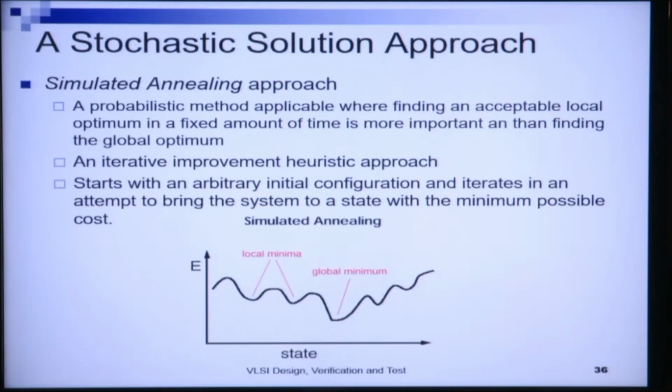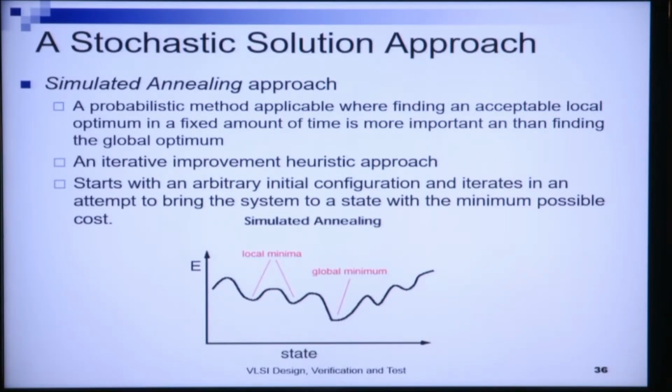Now simulated annealing is a probabilistic method applicable where finding an acceptable local optimum in a fixed amount of time is more important than finding the global optimum. So the simulated annealing approach can be used to obtain good solutions which will not be optimal, but can often be near optimal if enough time is allocated to solve it. It can give you a good solution within a fixed amount of time, and hence this strategy is used.